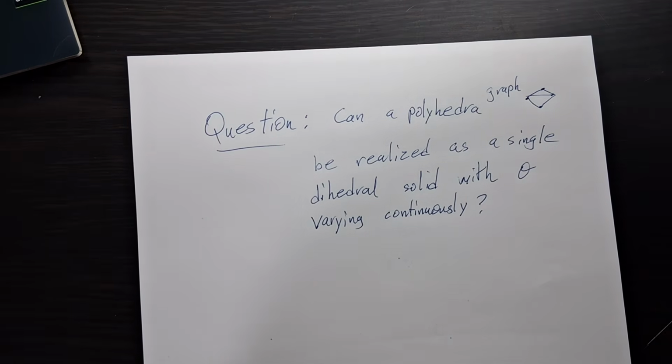So this is a kind of rigidity. Do polyhedra have rigidity with respect to dihedral angles?